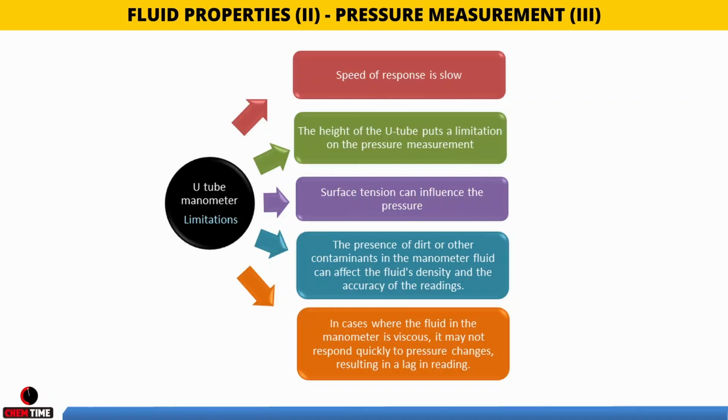Surface tension can influence the pressure, and the presence of dirt or other contaminants in the manometer fluid can affect the fluid density and the accuracy of the readings. In cases where the fluid in the manometer is viscous, it may not respond quickly to pressure changes, resulting in a lag in reading. With this, I conclude my presentation.